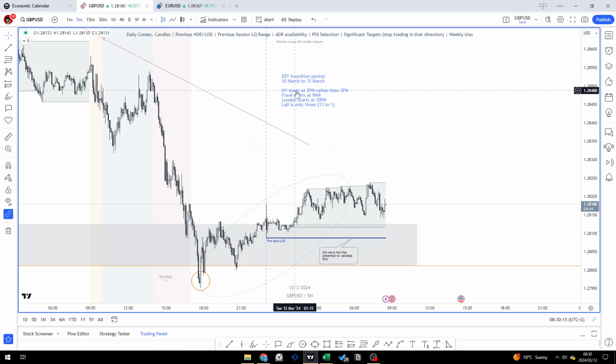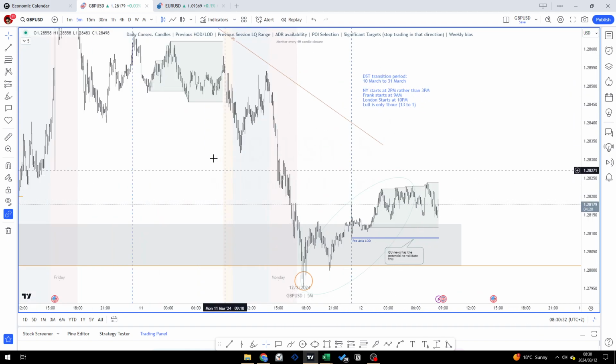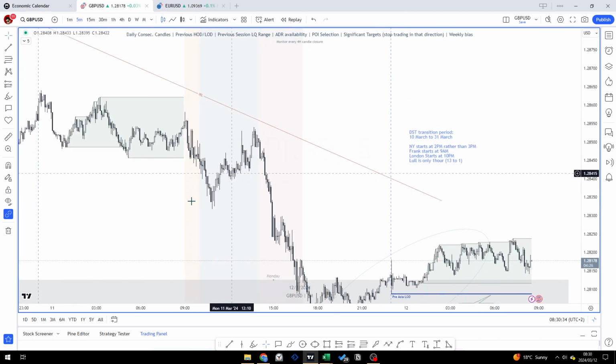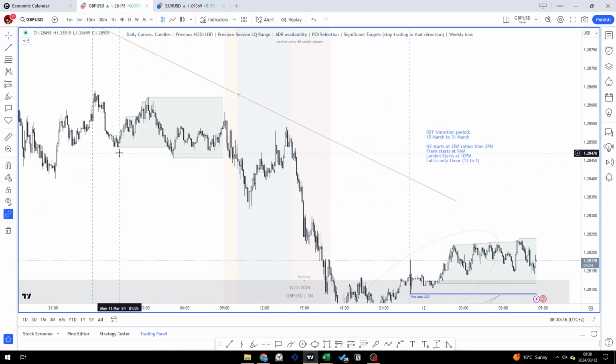So New York will start at 2 p.m. my time rather than its current 3 p.m. Frankfurt and London remain the same, as Europe and London will only change on the last Sunday of March. So for that reason, you just ensure that your session clocks or your session markings are aligned correctly. So in terms of my time, Asia always starts at 1 p.m. because Asia doesn't have any DST changes.